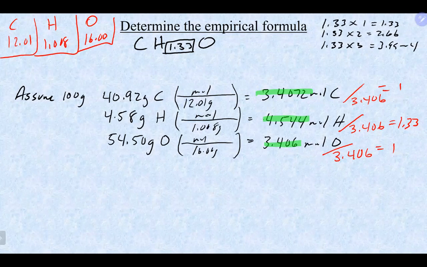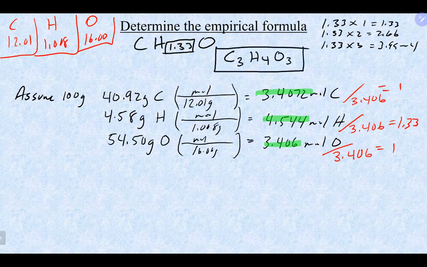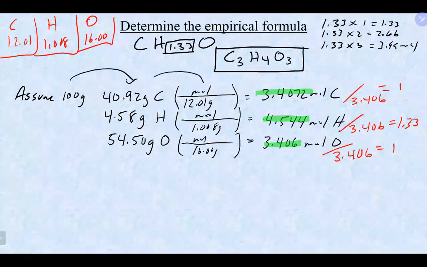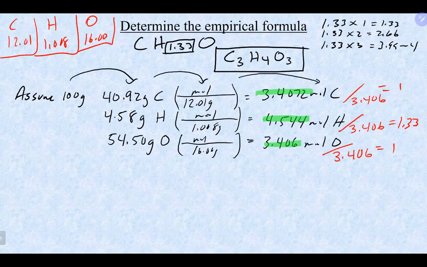That would give us C3H4O3 as our empirical formula. So once again, convert to grams, convert to moles, divide by the smallest number of moles, and that's how you get to your empirical formula. Any questions on that calculation there?